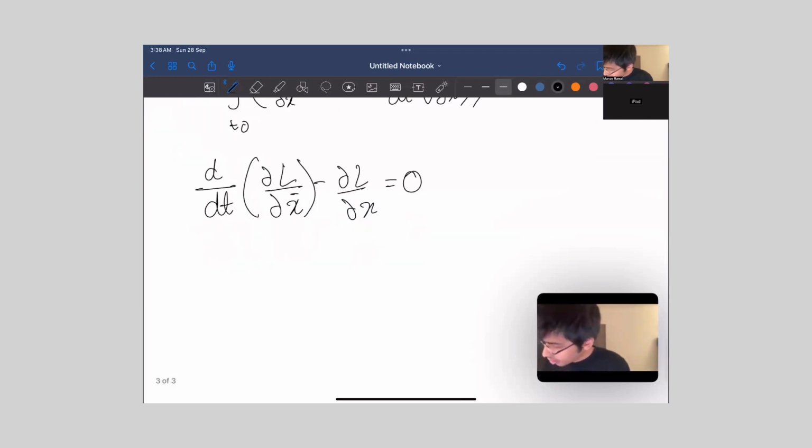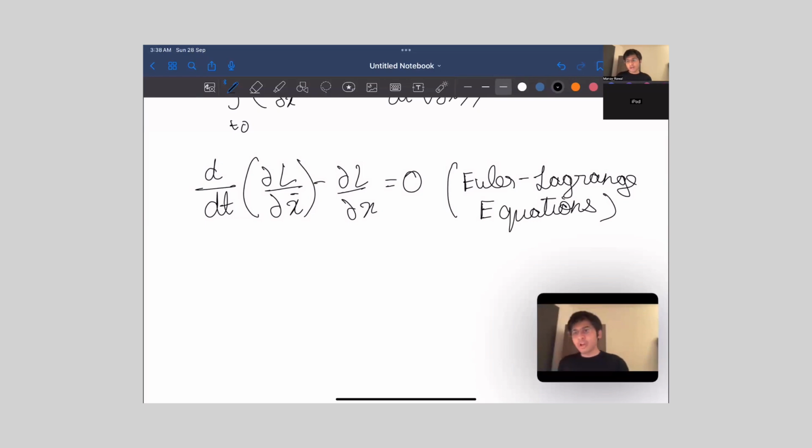So here we have the Euler-Lagrange equations. So the first step of our process is over. We have got the Euler-Lagrange equations from the action principle.